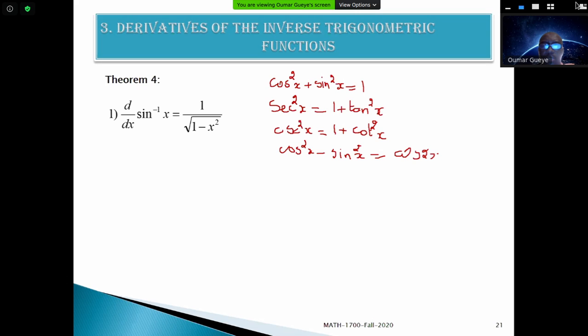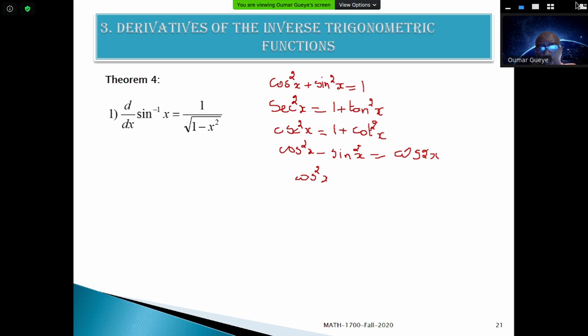It's not a square here. It is a cosine of 2x. You guys have to take these formulas and keep them in mind. We're going to use them later.